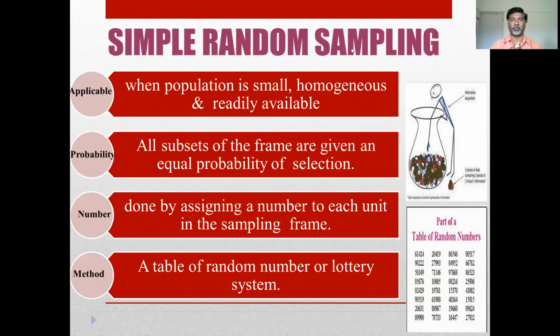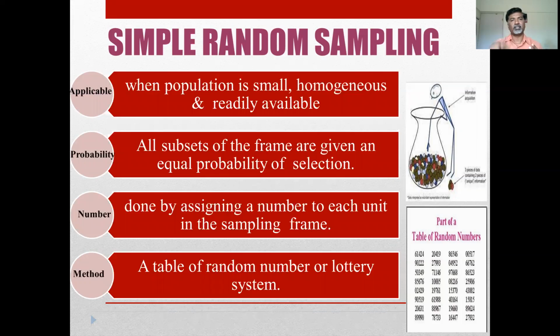In simple random sampling, it is also called the lottery method or table of numbers method. This method is applicable when the total population is very small, the population is of homogeneous type, and readily available. In that case we select simple random sampling.